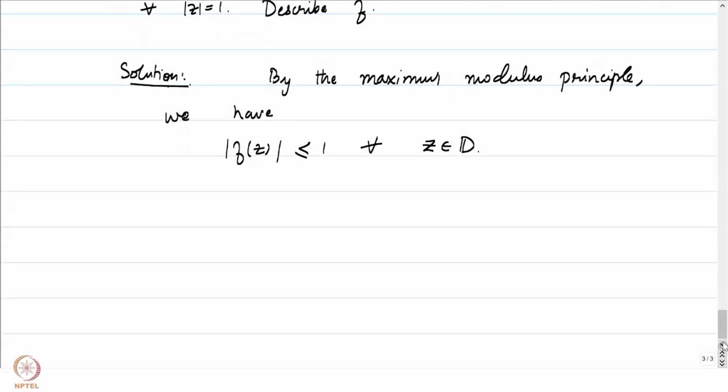So f is now going to be a map from D to D. That's precisely what we just concluded.